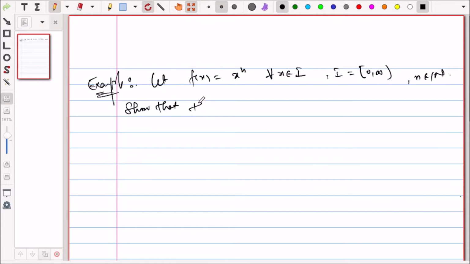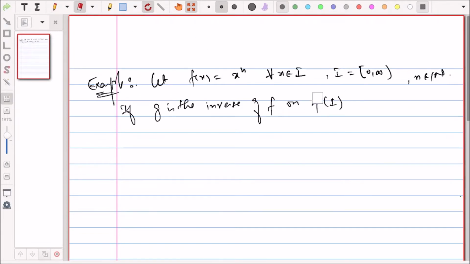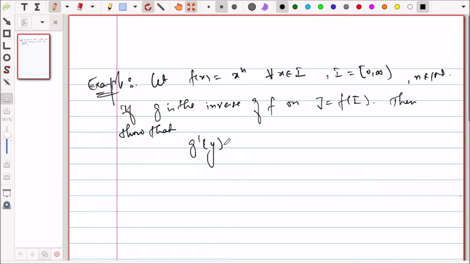Show that if g is the inverse of f on f(I), let J equal f(I), then show that g'(y) is equal to (1/n) y^(1/n - 1) for all y greater than 0.